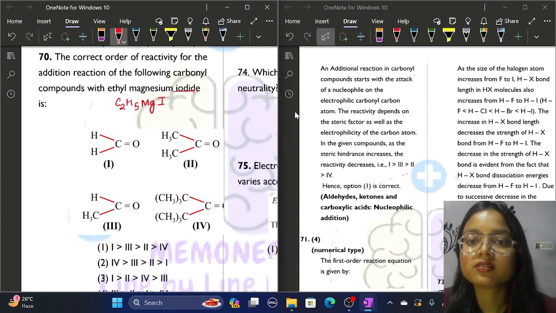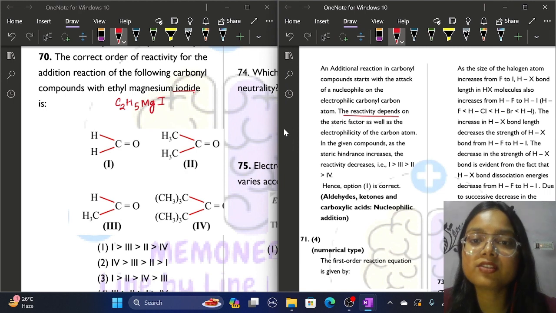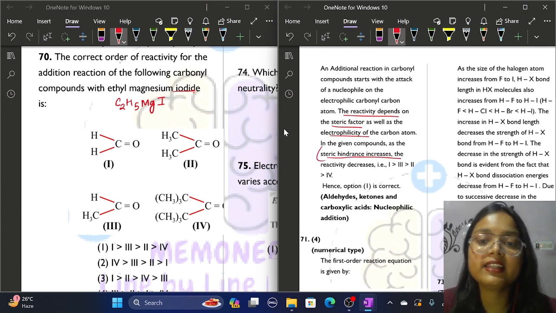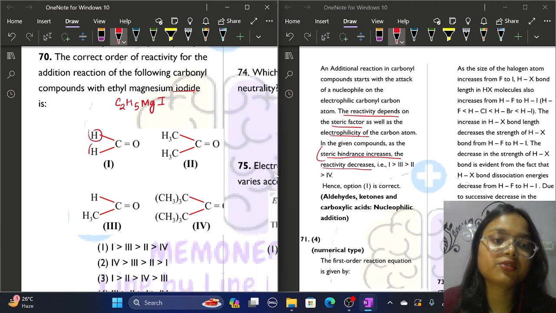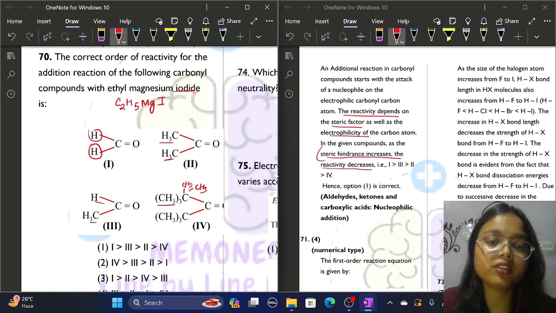The reactivity of the compound depends on steric factors as well as electrophilicity. As the steric hindrance increases, the reactivity decreases. So we can see that here is one hydrogen, here are 2 CH3, here is one hydrogen and one CH3, and here the group is very large. C(CH3)3 means that this carbon is attached to 3 CH3 groups. So this is the bulkiest one.